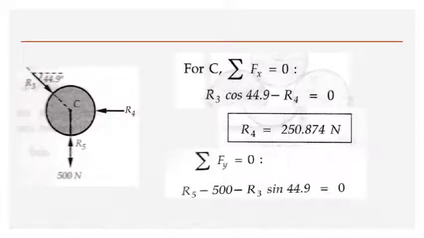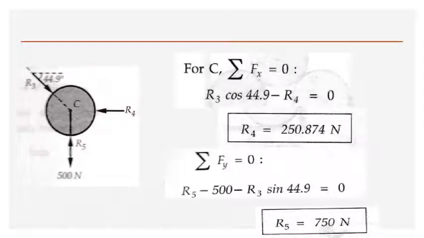Apply the next condition, sigma Fy is equal to 0. So R5 acts vertically upwards, positive, minus 500 Newton acting vertically downward. R4 does not have any vertical component, and R3 is acting vertically downward, so minus R3 sin 44.9 is equal to 0.